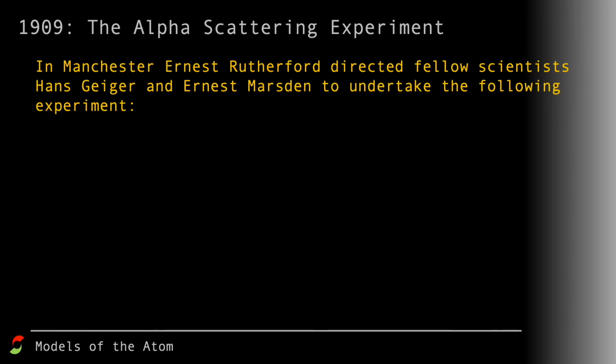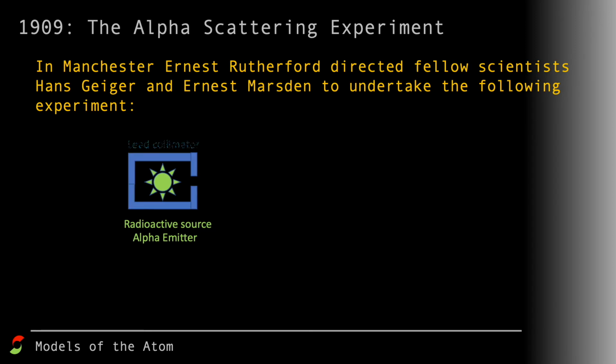This was undertaken by Ernest Rutherford, who directed Geiger and Marsden to do the following experiment. They started with a radioactive source that emitted a certain type of radiation called alpha radiation, which they knew were positively charged particles.